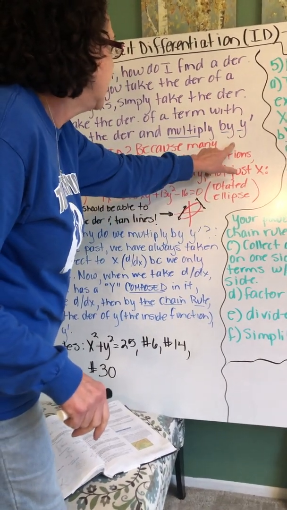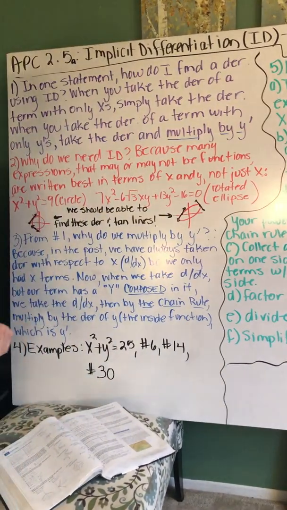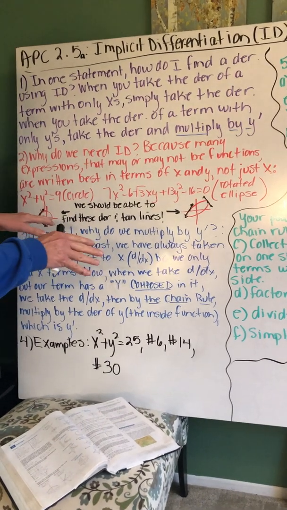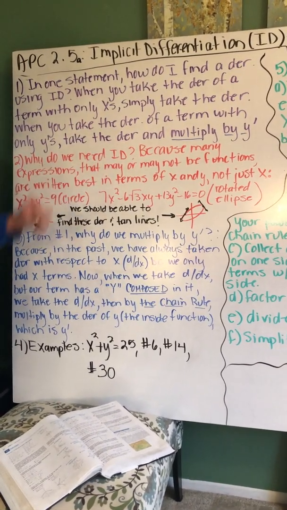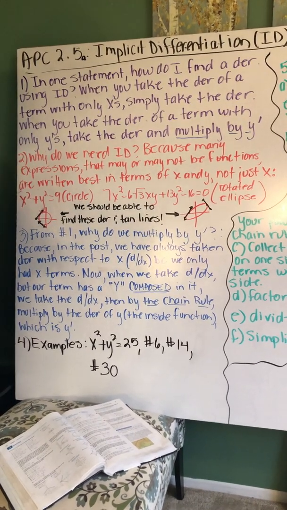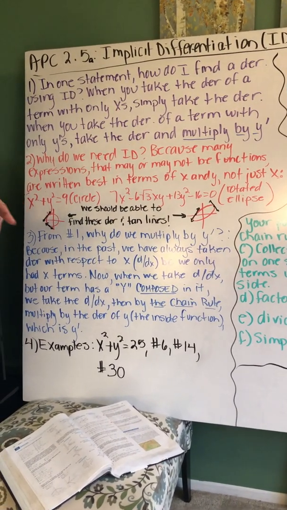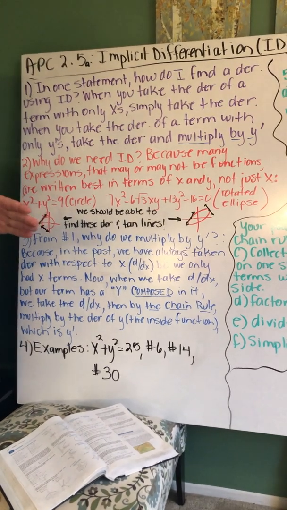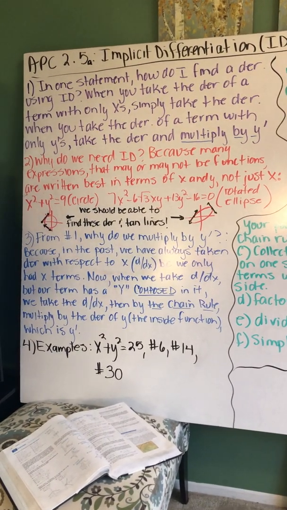You multiply by the derivative of y. So if you want a nice easy rule, that's what you do. You take the derivative of something with x's, just take the derivative. Take the derivative of something with y's, take the derivative, multiply by the derivative of y.